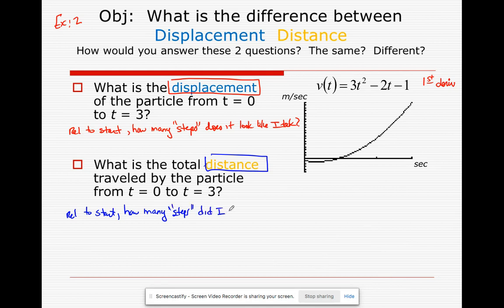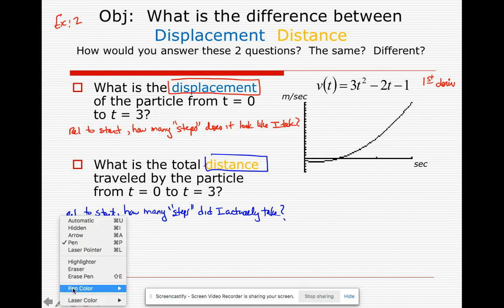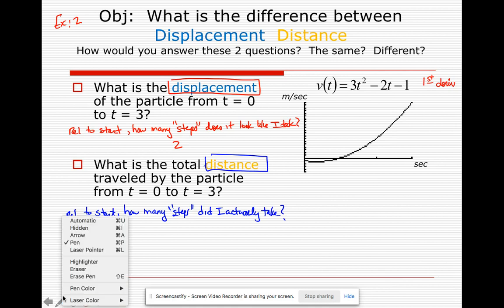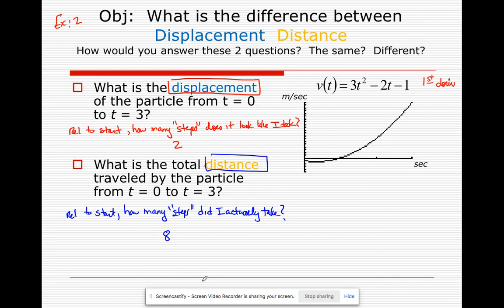And hopefully you would say, what? Okay, if I went 5 steps to the right and 3 steps to the left, it looks like I only took 2 steps. But in reality, how many steps did I take? Because I changed direction.